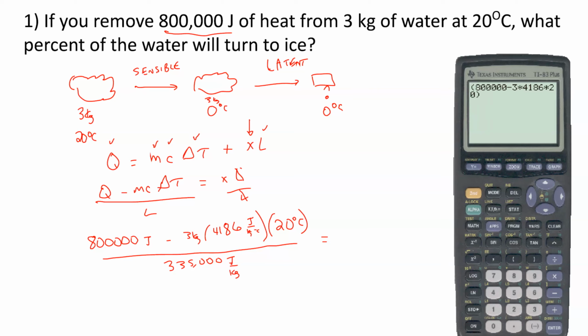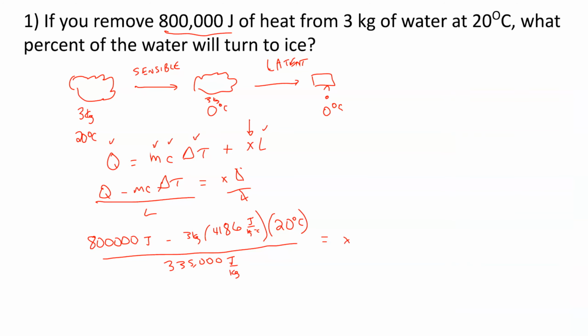Close up the numerator and divide by 335,000, and that should be 1.6 kilograms would be the mass of water that turned into ice.